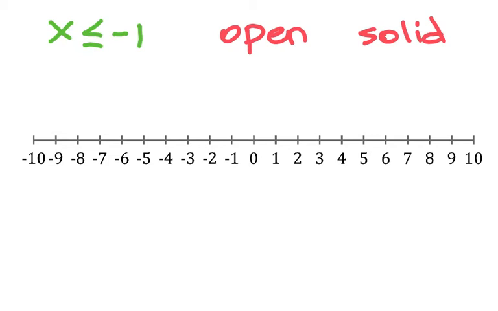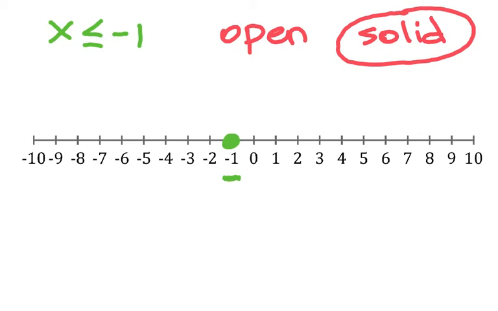Step 1, x is less than or equal to -1. Is that open or is it solid? It is solid. Step 2 is to find -1 on the number line, and then it is a solid dot.